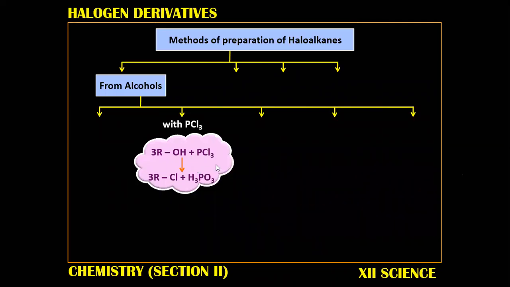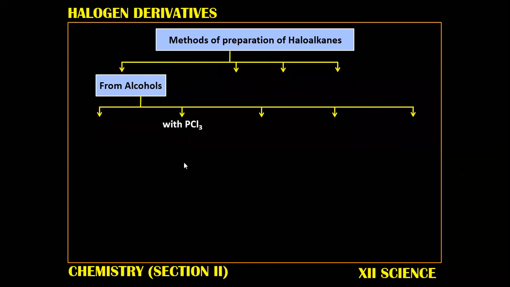General reaction, everybody copied. Now do an example. See, 3 molecules of ROH plus PCl3 will give you 3 RCl plus H3PO3. Now the same reaction we'll write with an example.